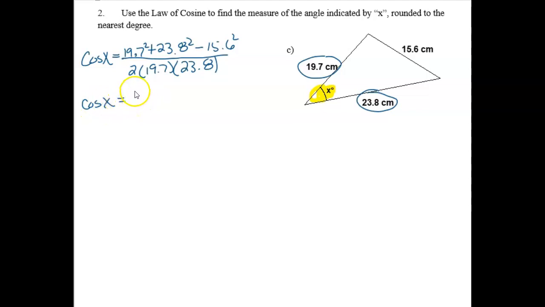Cosine x equals 388.07 plus 566.44 subtract 243.36 all over 937.72.